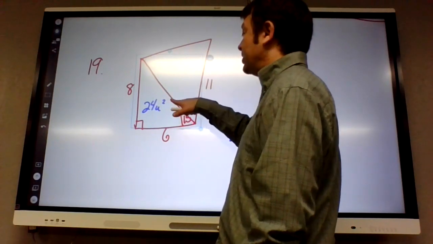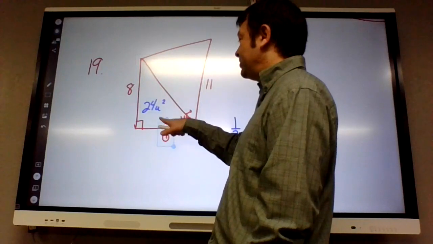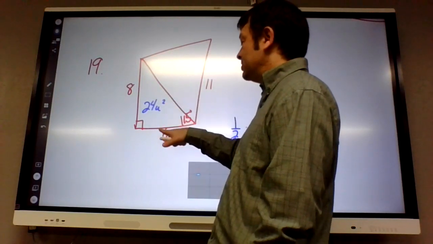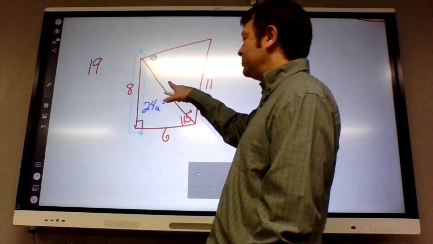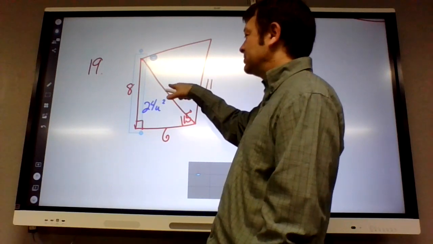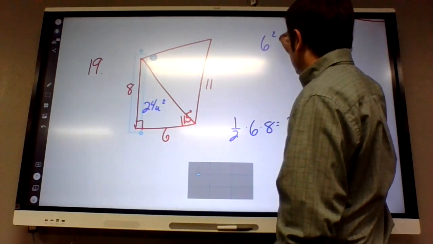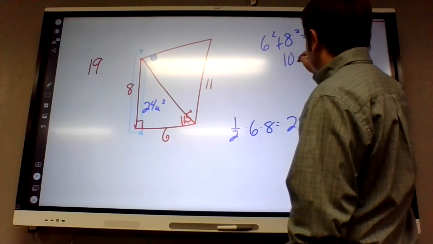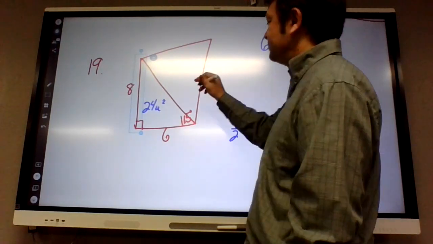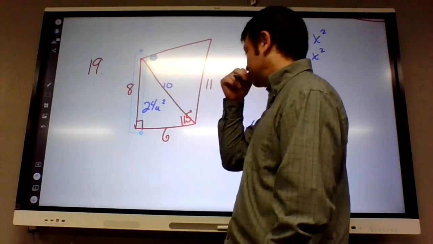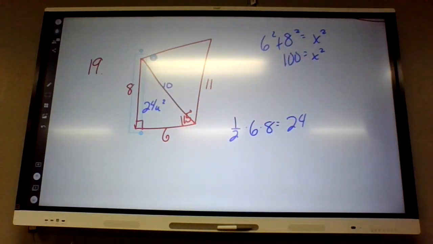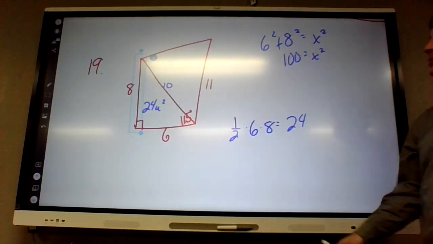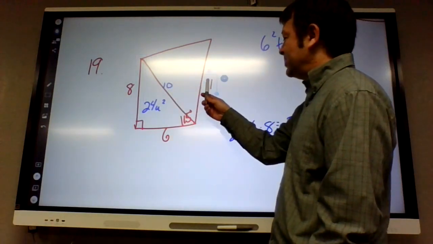If we use the Pythagorean theorem, we can find this side, right? Yeah. 6 squared plus 8 squared equals what squared? It's 10. Okay, so we have a side. Do we have an angle yet?